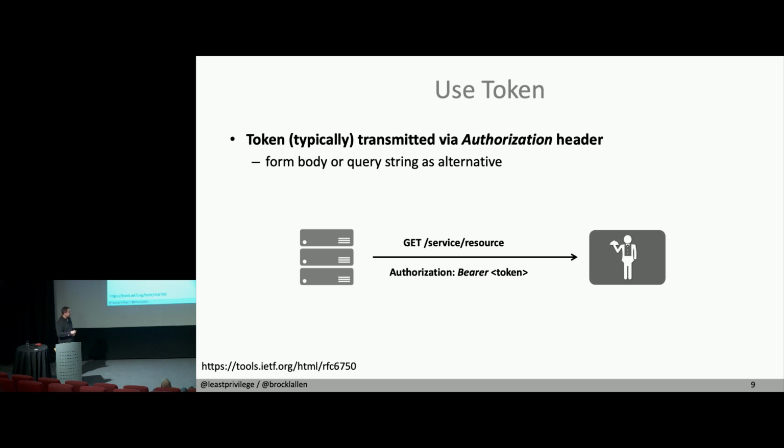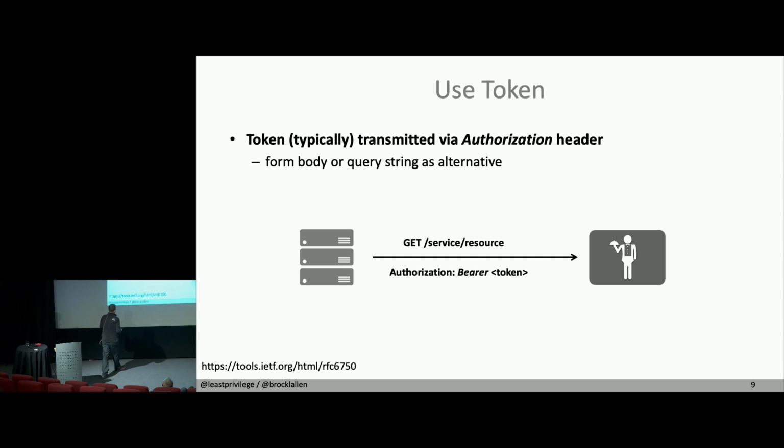So using the token is also easy. You typically take this token that you got from the token server and put it on the authorization header of your HTTP call. You should use the authorization header. It has a special meaning in HTTP. It is a dedicated header for transmitting confidential stuff like credentials, for example. They typically don't show up in log files, right? And so on.